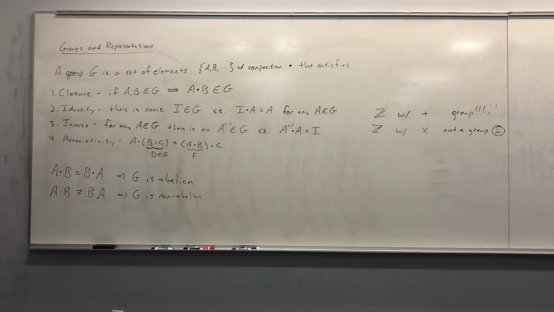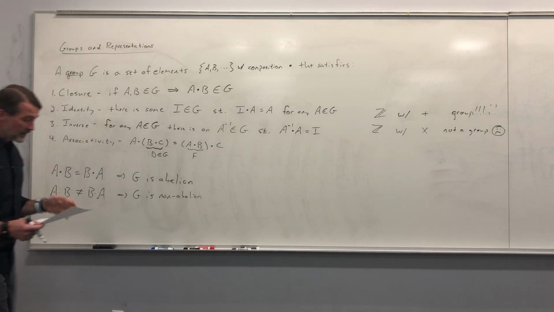Pretty much every group we're going to work with is non-abelian. There's one abelian group. Okay? So constraining yourself to this situation where groups are abelian is not going to do for us. We're going to work with non-abelian groups.